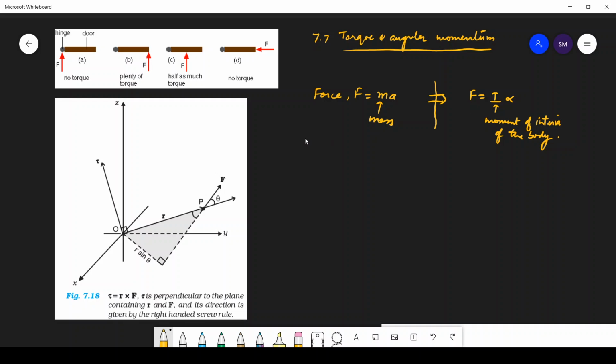But here I am talking about torque. So rotational force I am talking about. We call it moment of force also.